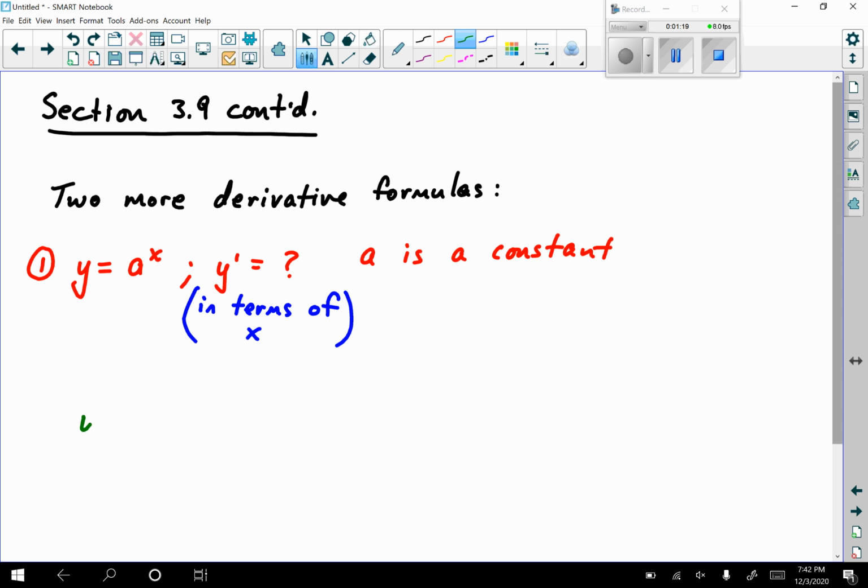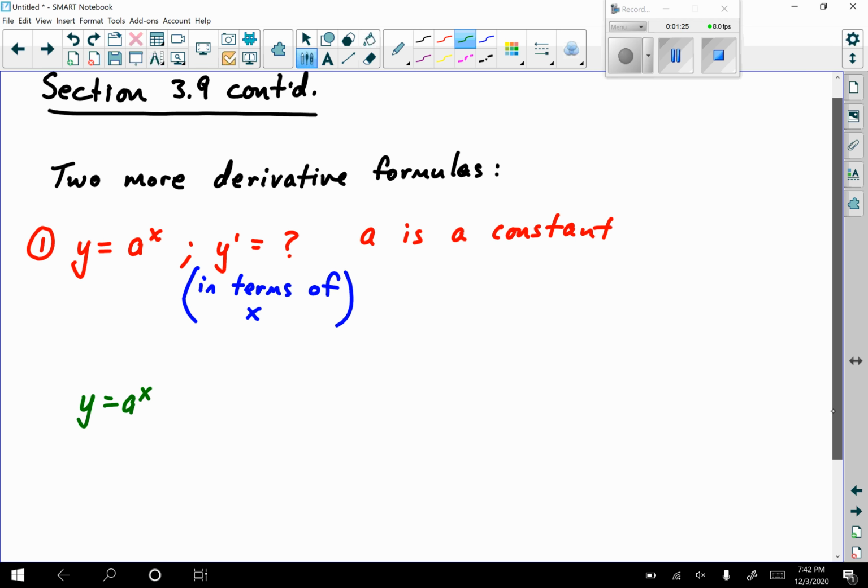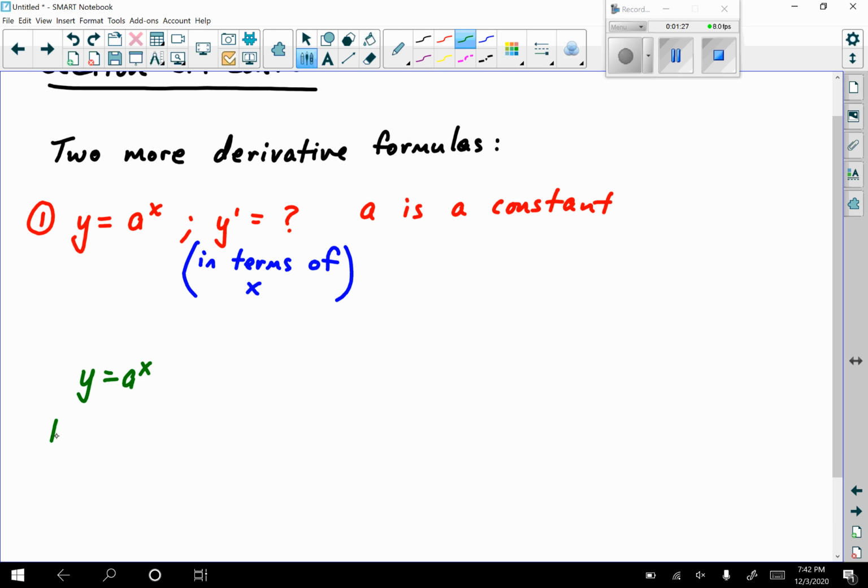And we can here. So if I start with y is equal to a to the x, and I go ahead and I take the natural log of each side, I still just have the natural log of y, and I'm going to bring the x down in front.